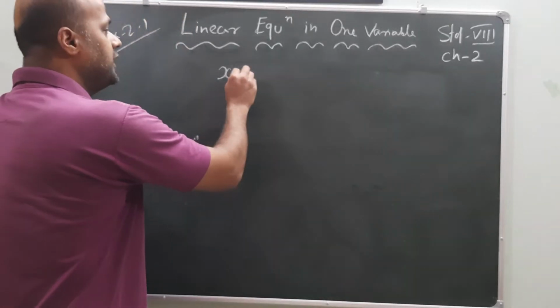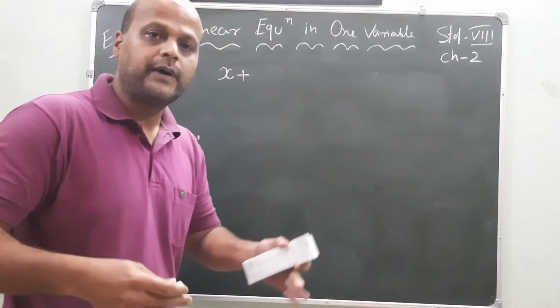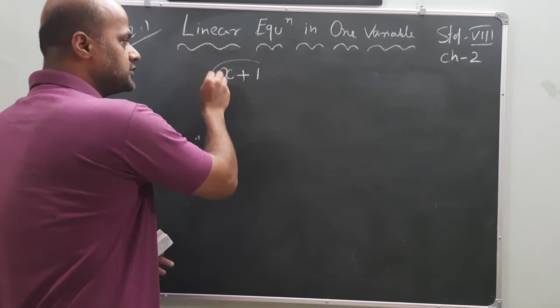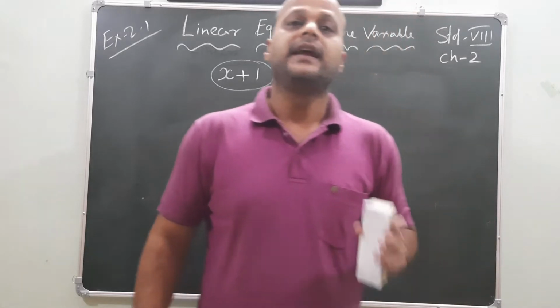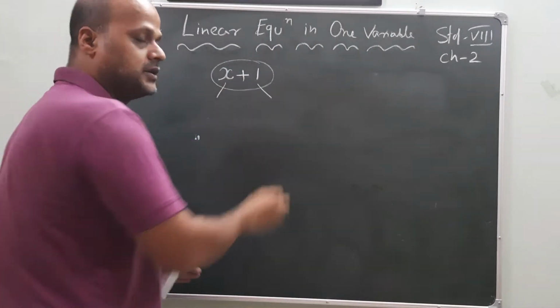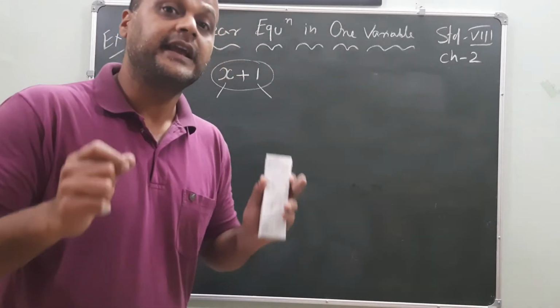When a variable is added to, subtracted from, divided by, or multiplied with any constant, that is called an expression. Here x is a variable, 1 is a constant. So this is called an expression.